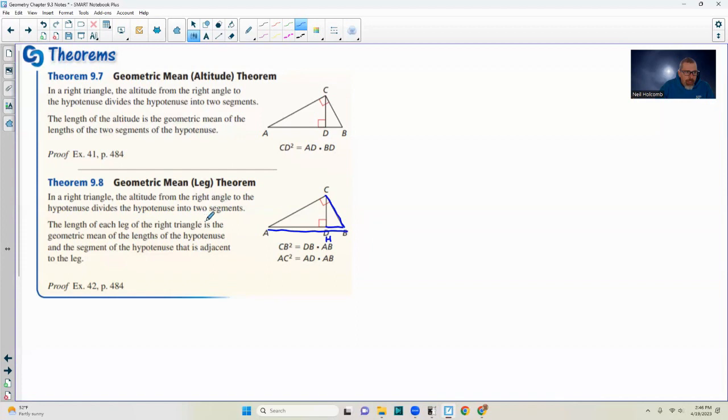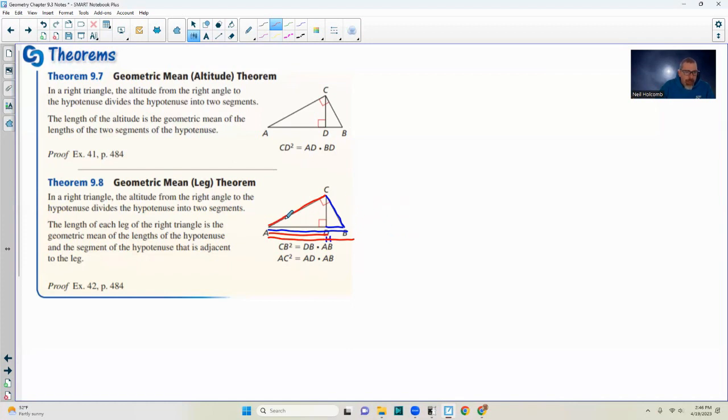The length of each leg of the right triangle is the geometric mean of the lengths of the hypotenuse and the segment of the hypotenuse that is adjacent to the leg. Okay, so let's do the next one. AC squared is equal to AD times AB. Okay, so what are we doing here?